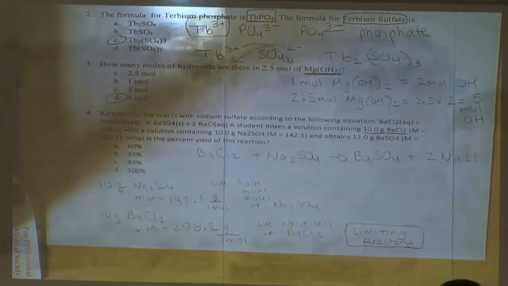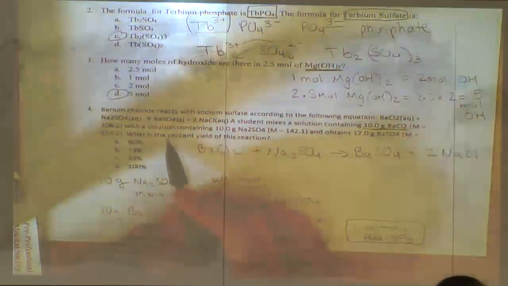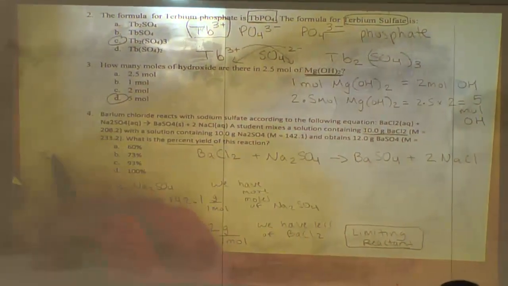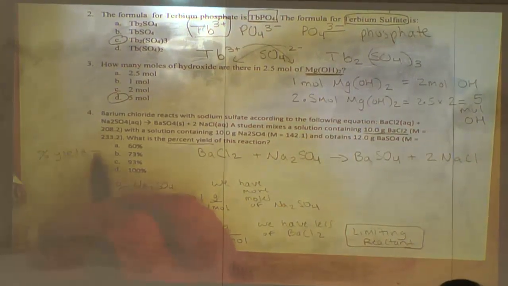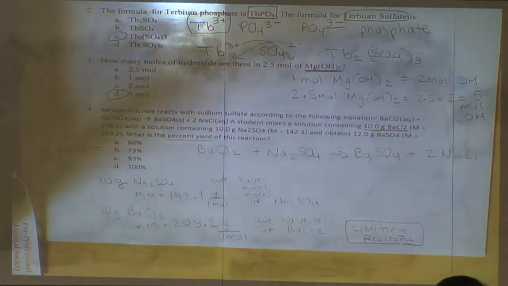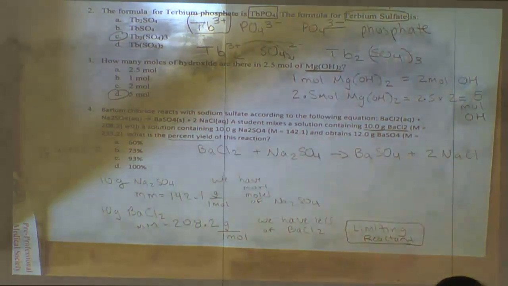So BaCl2 is limiting. In that case, if we're looking for percent yield, what is the percent yield formula? Percent yield equals what? Using the words theoretical and actual, how would I make that formula?